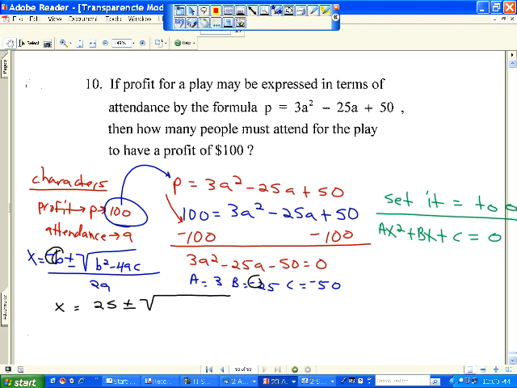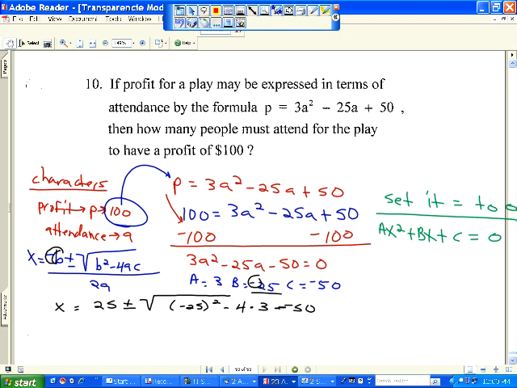Now b is a negative. When you square a negative, you have to put it in parentheses squared. We learned that on page 171, I believe. And then we have minus 4 times my a of 3 times my c of negative 50.